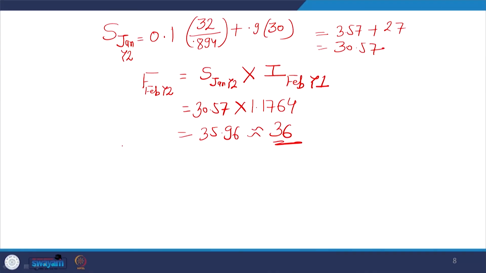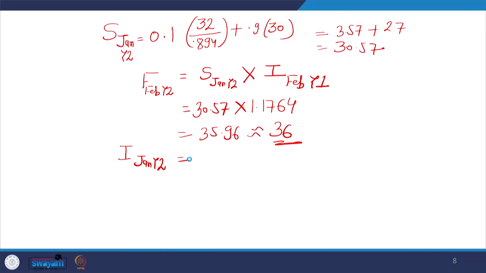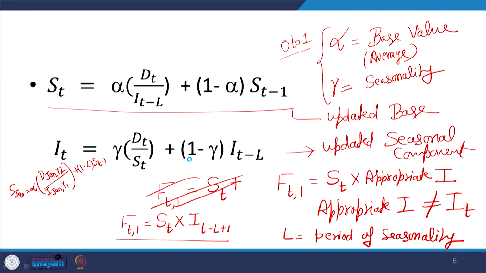We also need to calculate the updated value of I January Y2, and I January Y2 will be calculated using this expression. Now, what does it say?